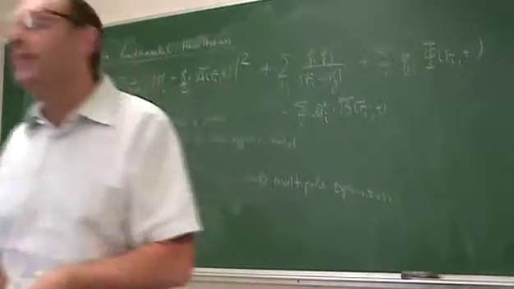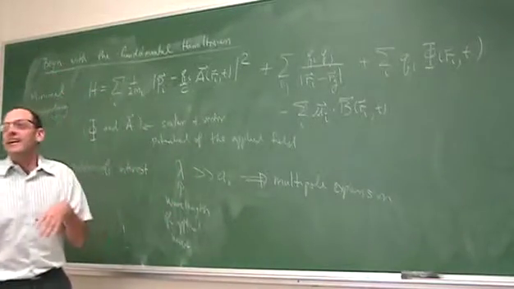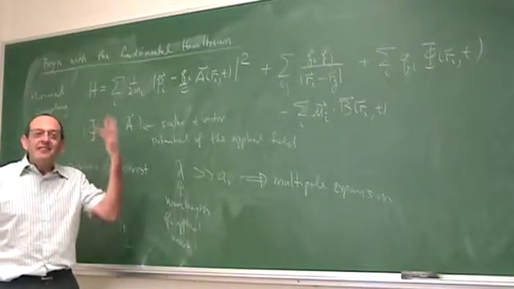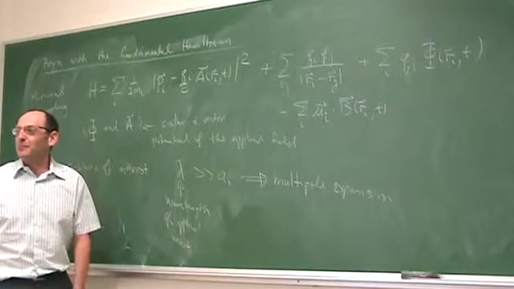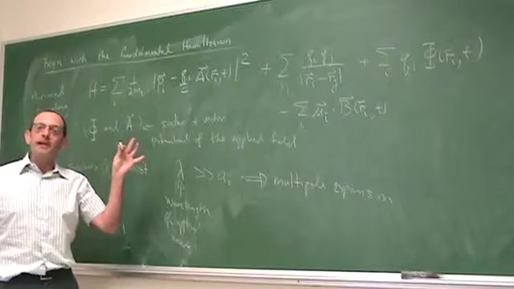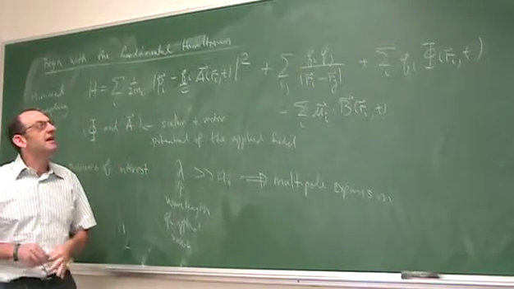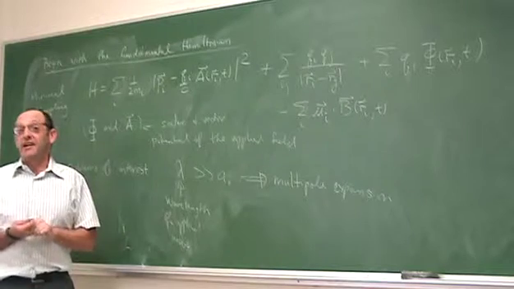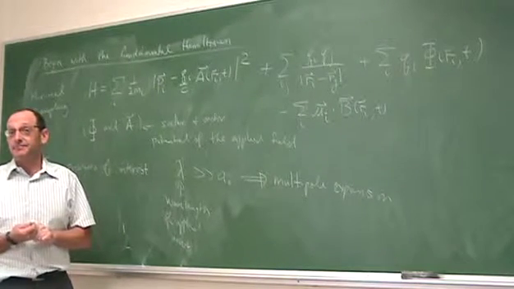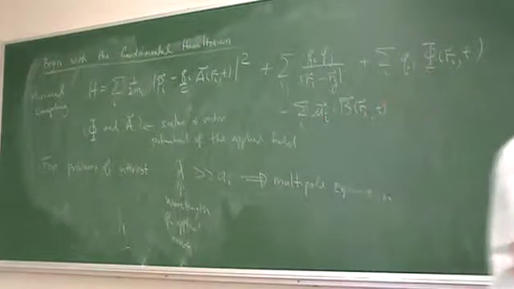And while one could do that directly in the minimal coupling Hamiltonian, it's not a very nice way to look at the problem. So one can reformulate this in a form that's natural for thinking about a multipole approximation by making a gauge transformation. So let's remind ourselves about gauge transformations.